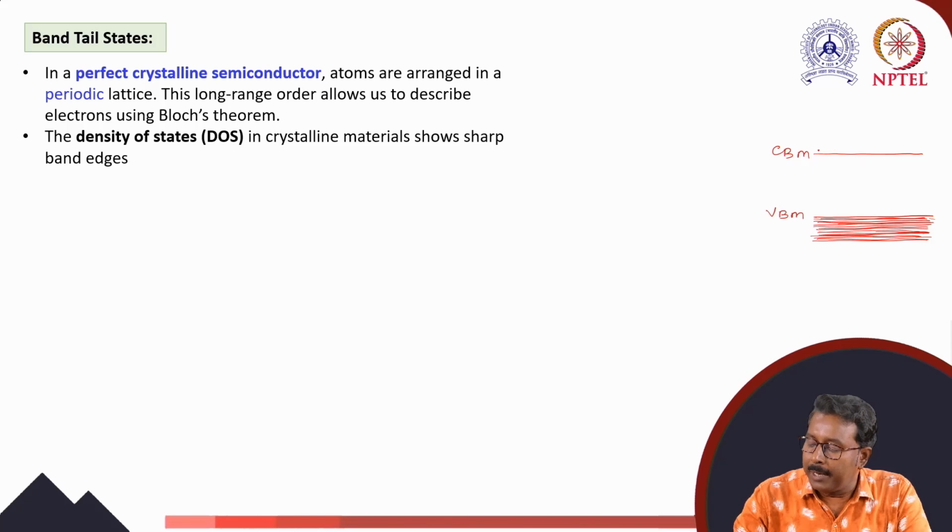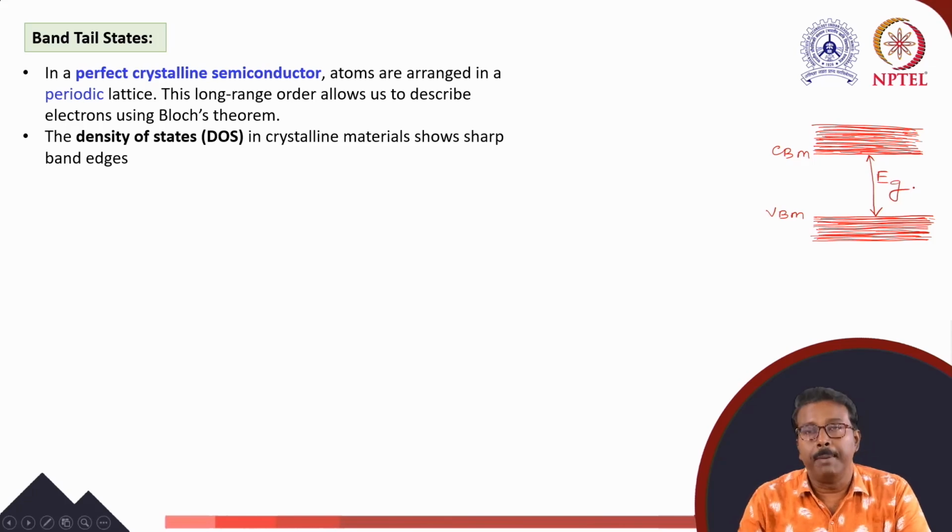Similarly, in the conduction band also, very closely spaced energy states form the band. But in between, there are no energy states. This is called the forbidden gap, or EG, the band gap.